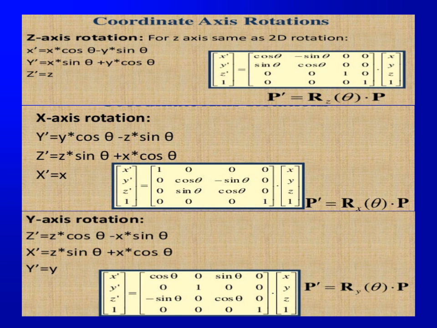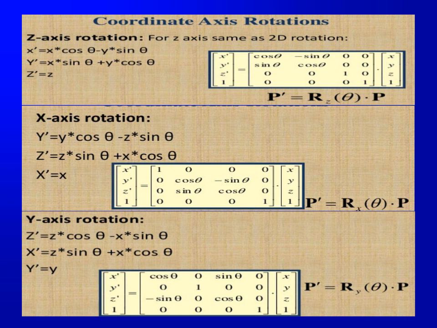So same as before, if you multiply these matrices and this vector matrix, then we get this equation for the y-axis, that is z dash is equal to z into cos theta minus x into sin theta, and x dash is equal to z into sin theta plus x into cos theta.